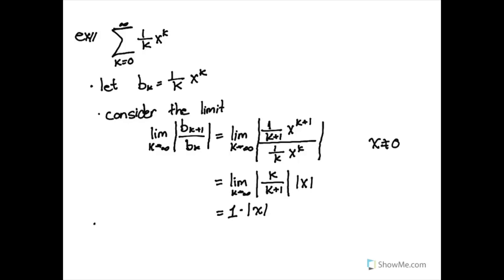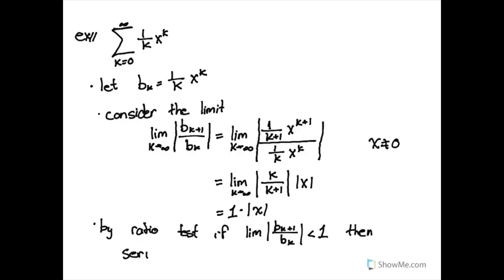Right, so now by the ratio test, if the limit of bk plus 1 over bk is strictly less than 1, then we know that the series converges absolutely.